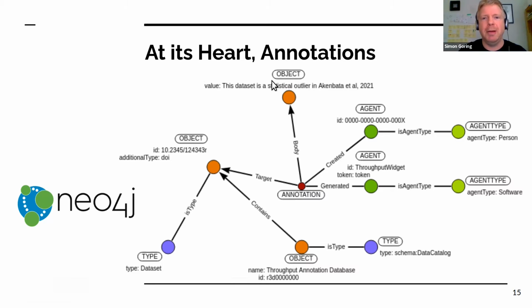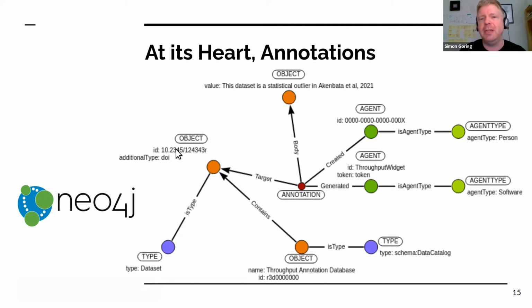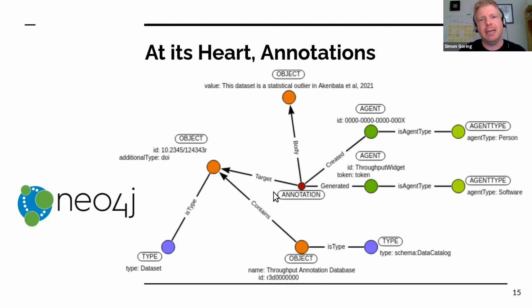So in this case, we might say, okay, look, I did some analysis and it turned out that this data set is a statistical outlier when I do PCA or something like that. So it supplements information that we might have about the data object, but it doesn't really fit in the traditional fields either of the data set itself or in the DataCite metadata.